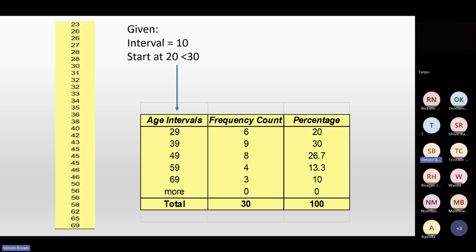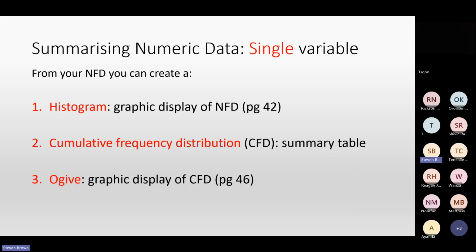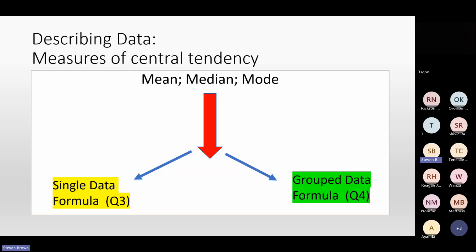What I'm going to move on to now, and they could at some stage, but I haven't seen it, so I'm going to be honest with you, is to draw a histogram, but I've never seen them ask for it. They generally ask you to draw up a numeric frequency distribution, and that would be a question 4. Okay, I've never seen a histogram, so I don't particularly think you should concern yourself with it.